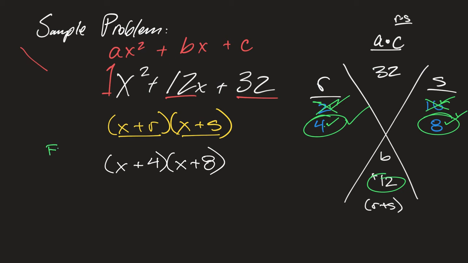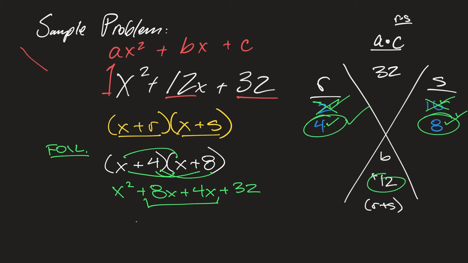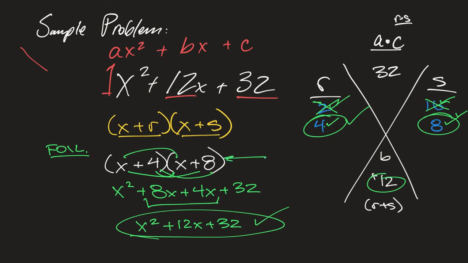I'll just use FOIL. First, x times x is x squared. Outside, x times 8 is 8x. Inside, 4 times x is 4x. Last, 4 times 8 is 32. Combine like terms, and I have x squared plus 12x plus 32. So this was our answer.